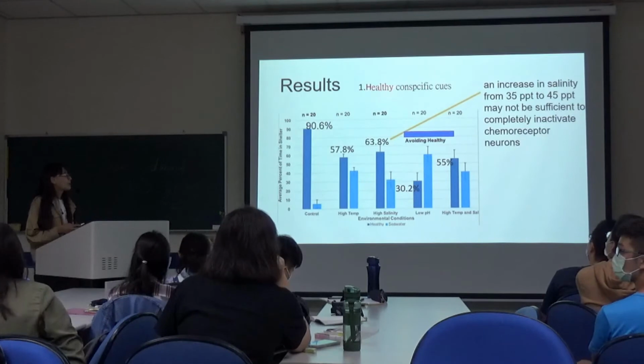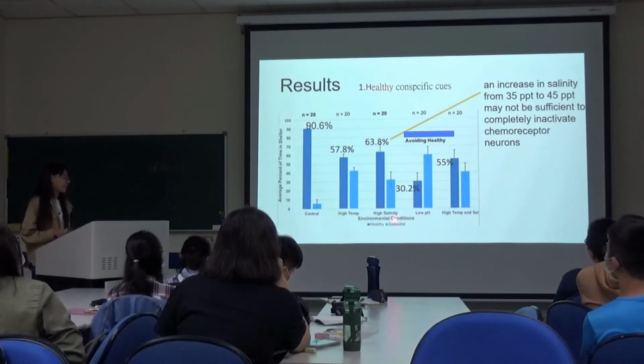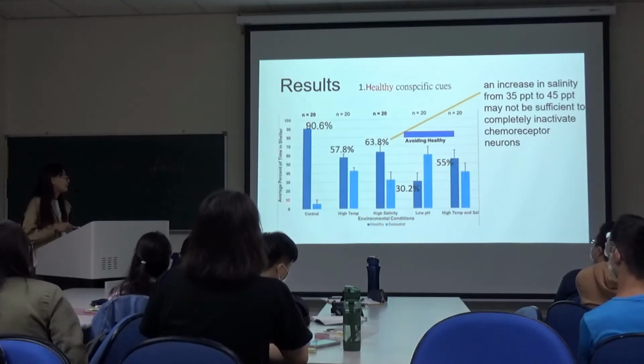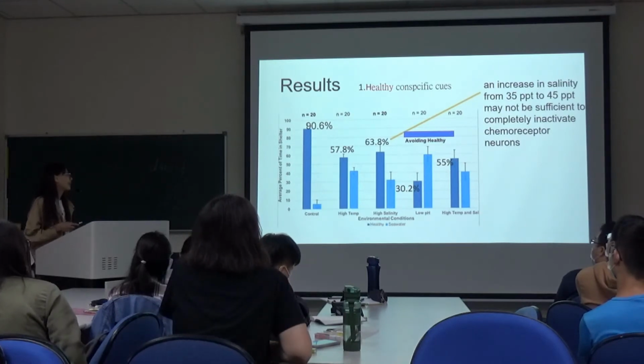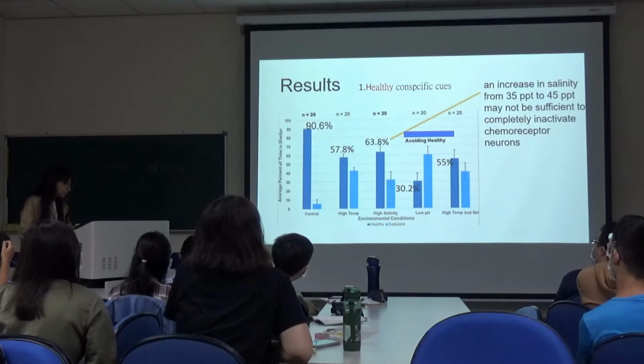First, healthy conspecific cues. The X is the environmental conditions, and the Y is average percent of time in shelter. We can see the control.